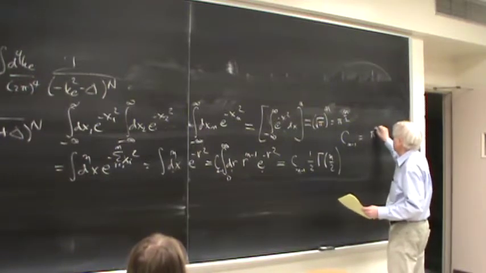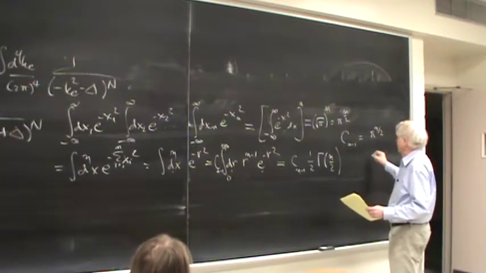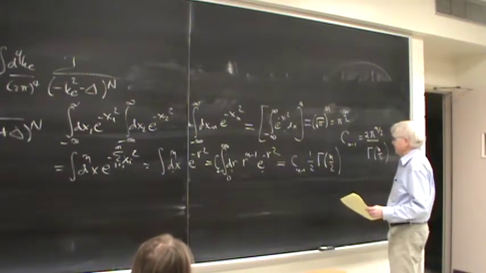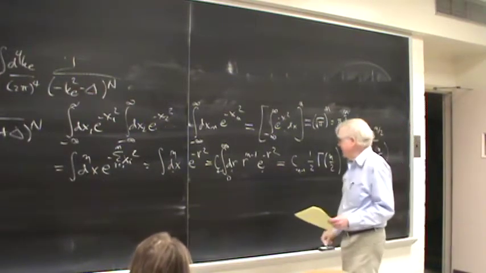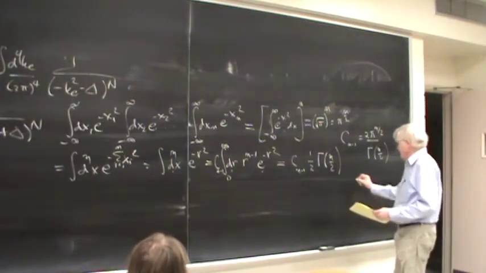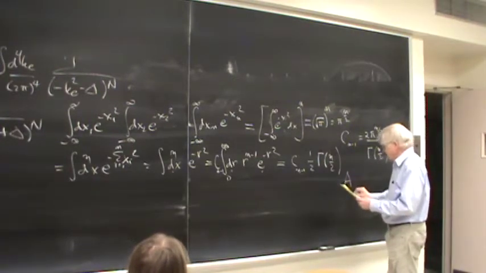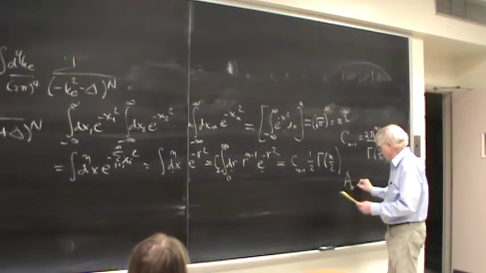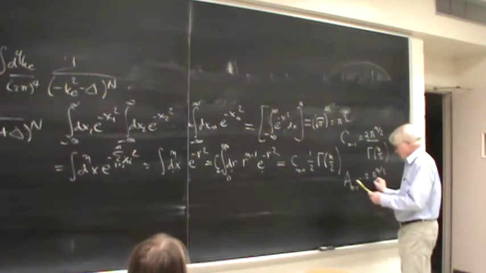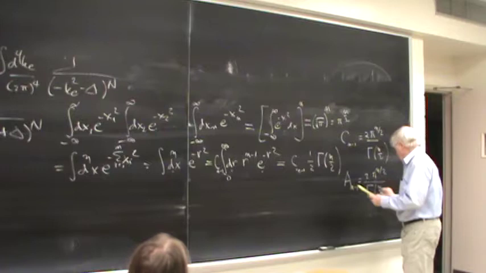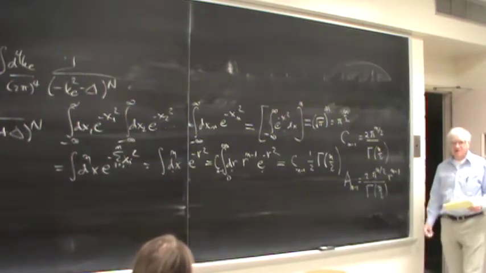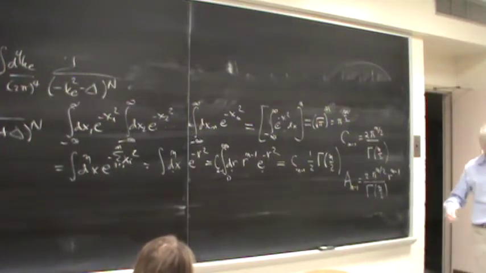It's pi to the n over 2 times 2 divided by gamma of n over 2. And so that means that the area of the n minus 1 sphere is 2 pi to the n over 2 divided by gamma n over 2 r to the n minus 1. That's the area of the sphere in n dimensions.